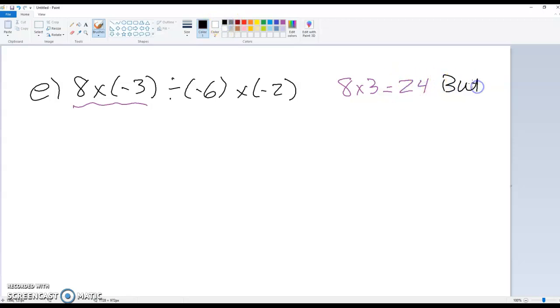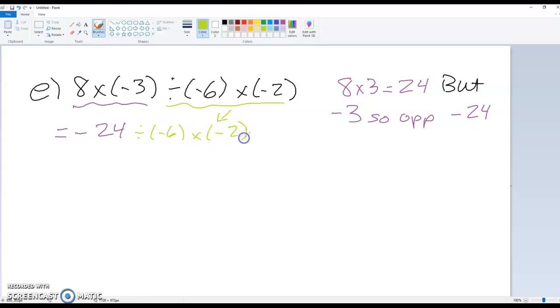But that 3 is negative. So we need the opposite of 24, which is negative 24. So that part would now become negative 24. And then we would just bring down the rest of this problem. So divide by negative 6 times by a negative 2.